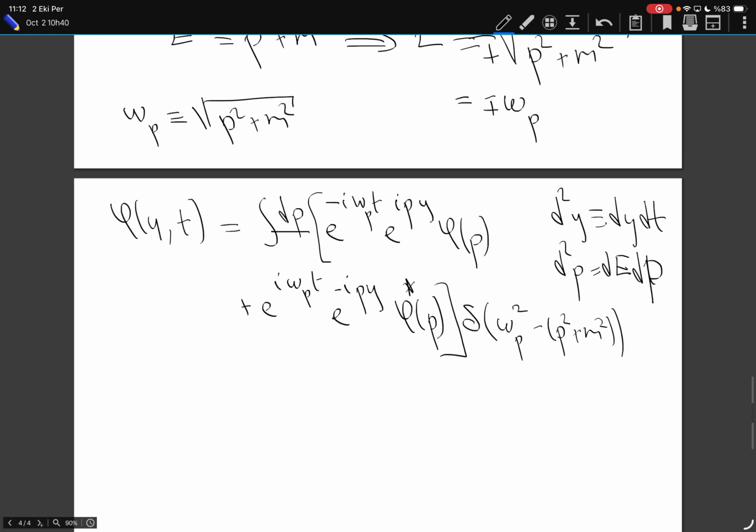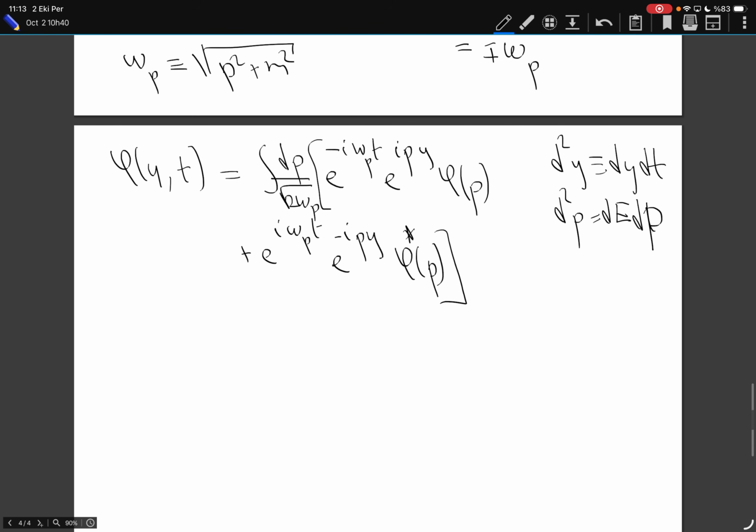And for the normalization of these phi p's, I will have the omega p here. These are my solutions. You see, the coefficient of one of the exponents is phi, the coefficient of the other exponent is phi star. They have to be so, because this is a real field.